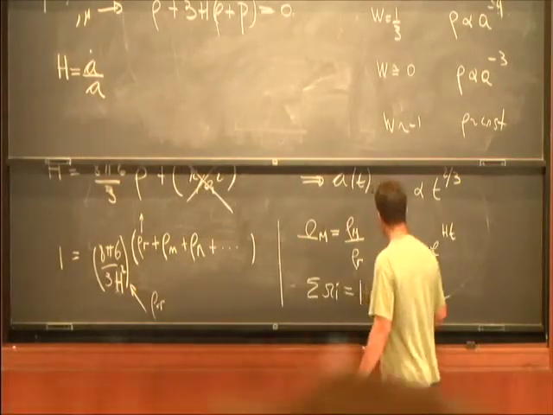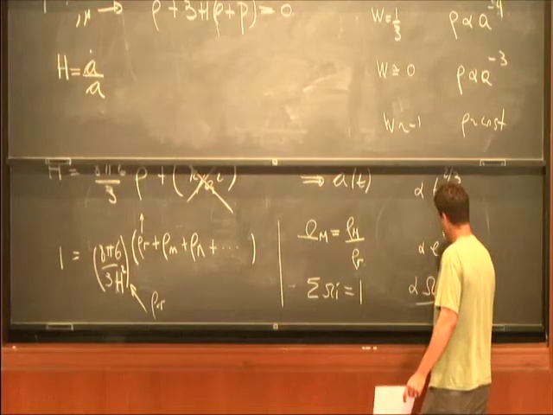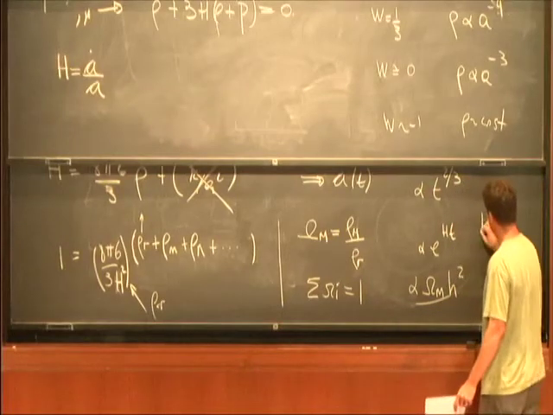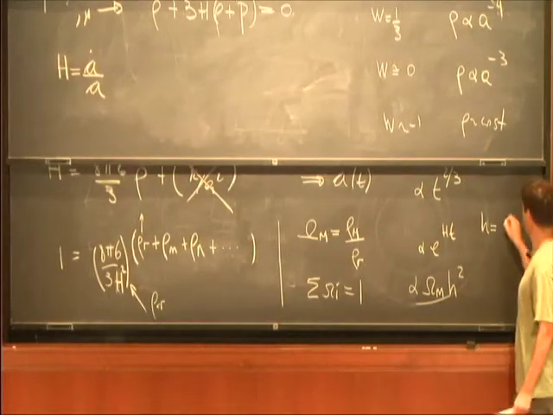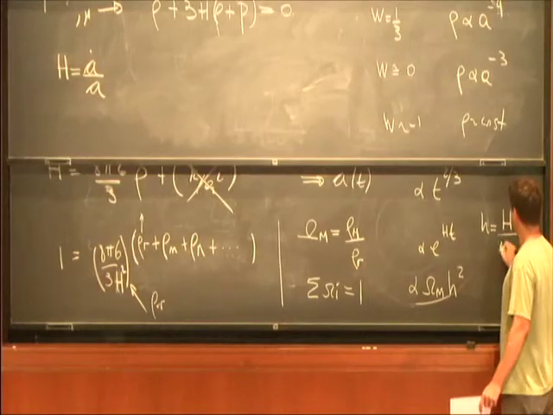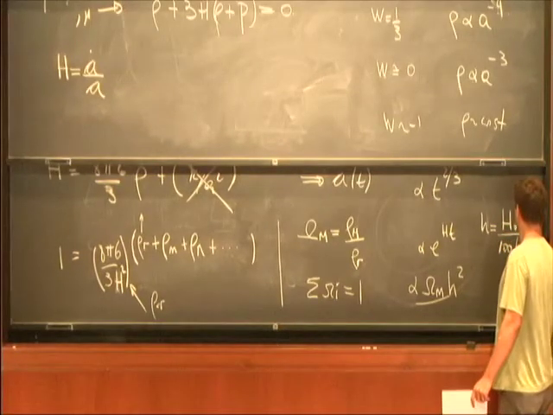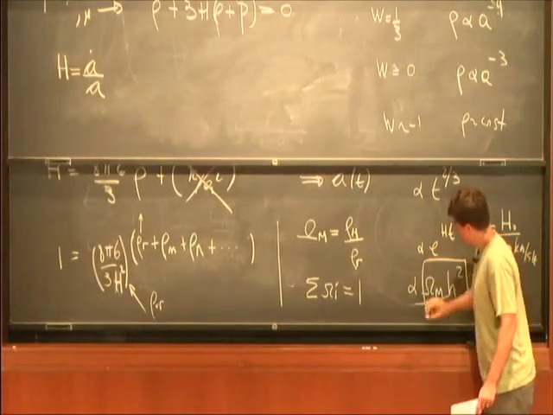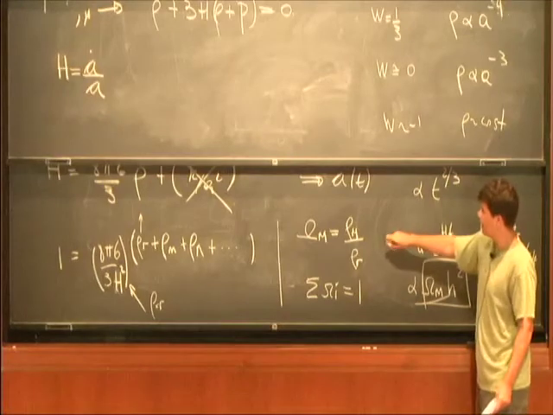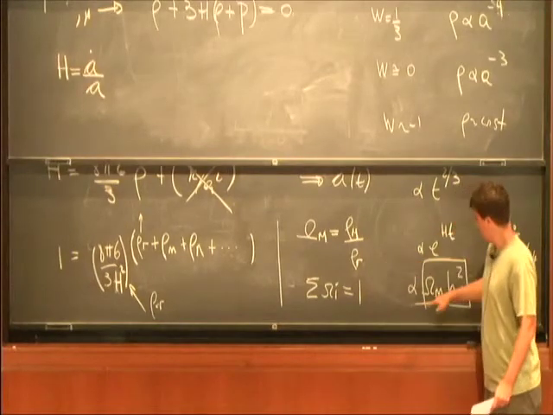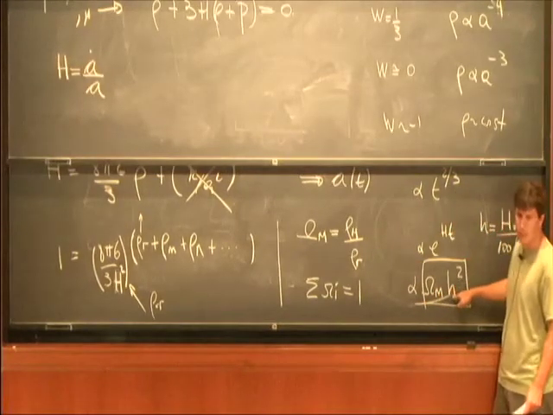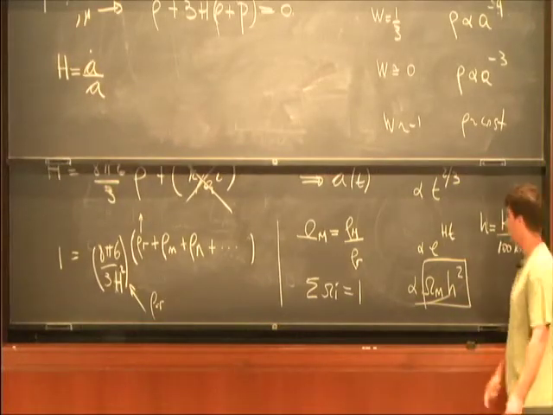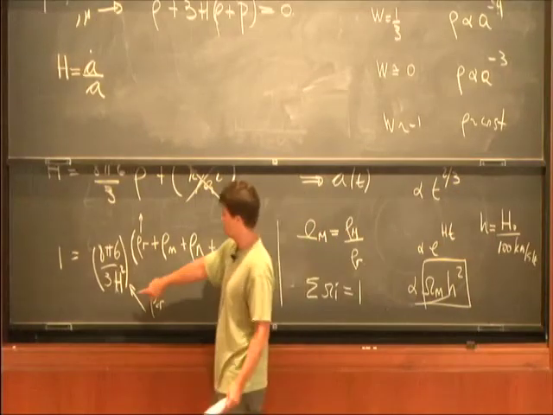So a physical density is proportional to omega matter, or whichever omega it is, times h squared, with little h by convention the Hubble constant today divided by a typical value of 100 kilometers per second per megaparsec. So omega is not really measuring actual physical density, but a ratio with something that was constructed with h squared.